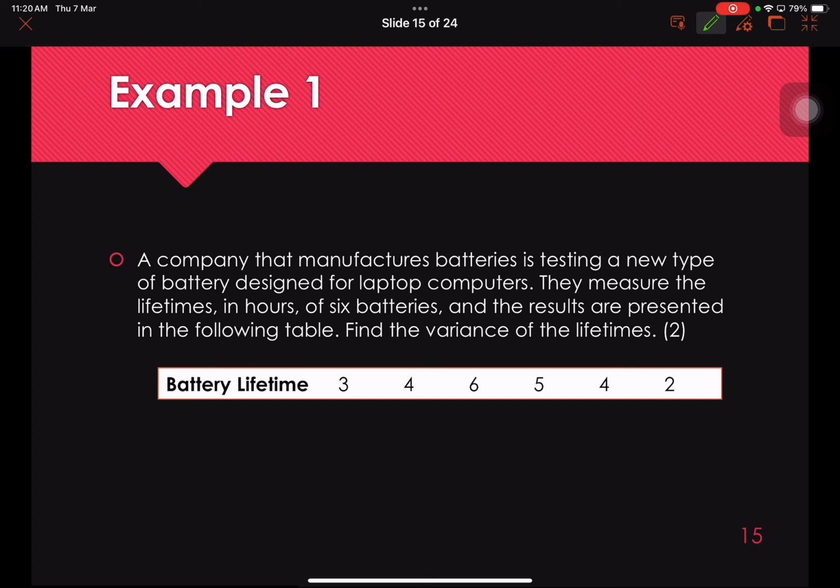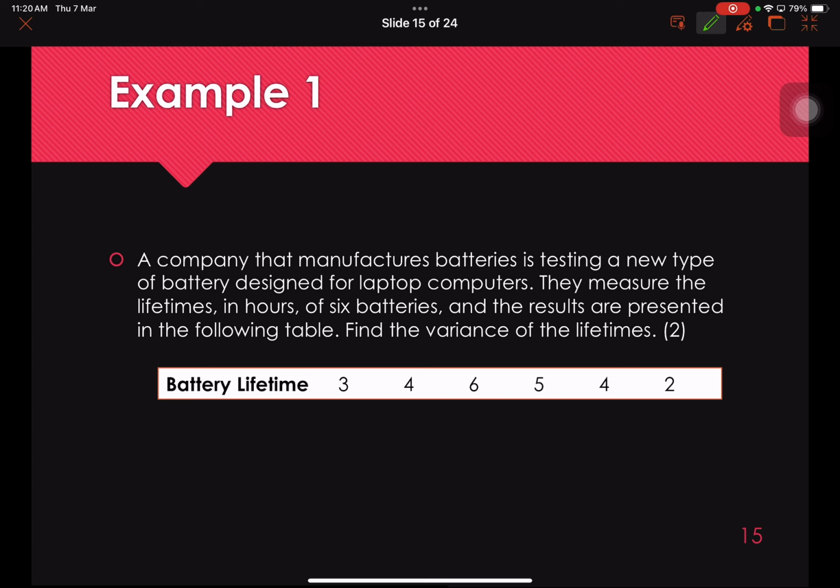The most precise question would mention that this one is a sample. You will see the word sample somewhere in the question. Then we cannot argue about that. But in real life, why do we say this one is a sample?